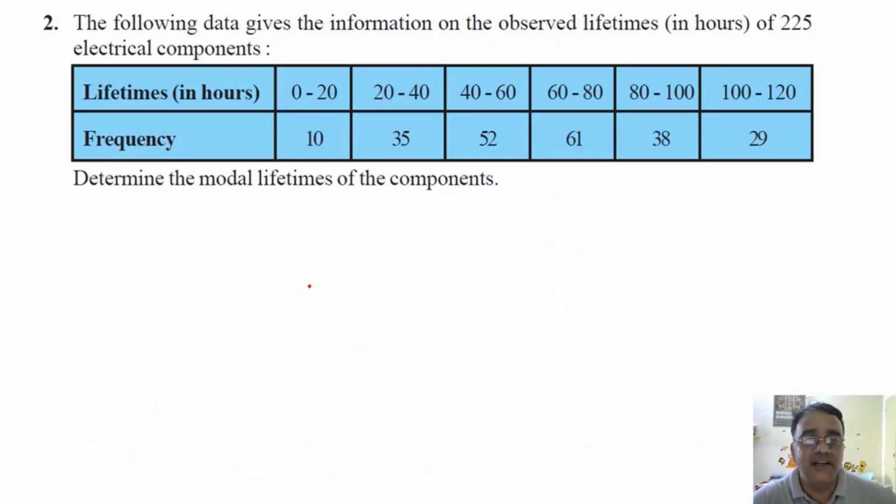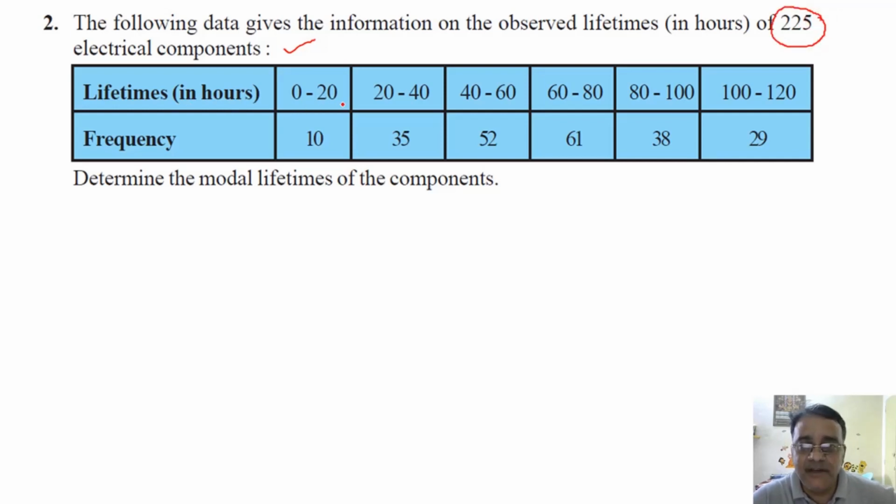The following data gives the information on the observed lifetimes in hours of 225 electrical components. So the total frequency is given here, 225.